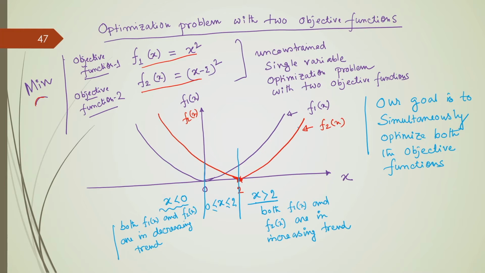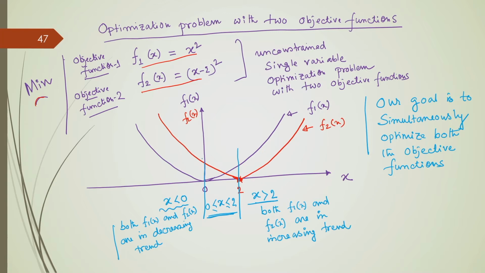Okay. Now, what will happen when x is in between 0 and 2? Okay, if you look in between, f1(x) is increasing with the increase of x, and f2(x) is decreasing with increase in x.